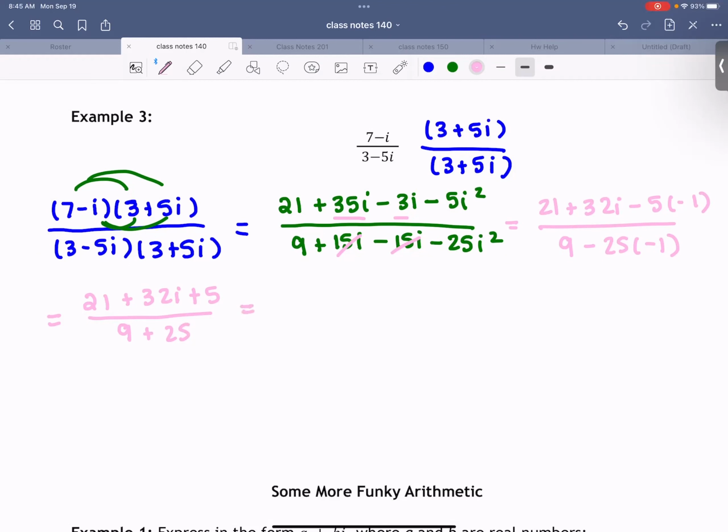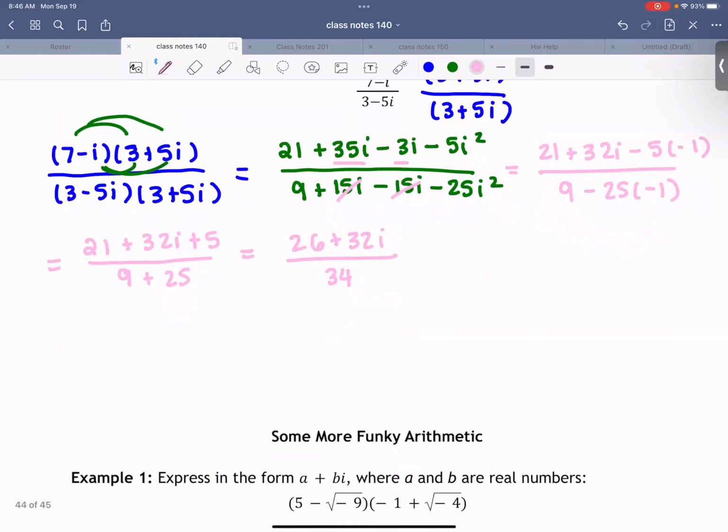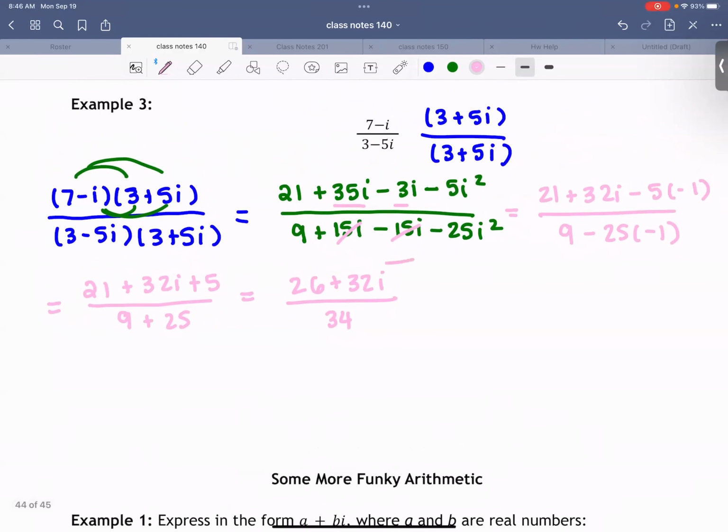Looks like 21 plus 5 is 26, right? 32i on top, and 9 plus 25 is 34. Good. Okay, thanks. I'm very bad at mental math, but we got there. We can leave our answer like this. If you want to break up the fraction, that's totally okay, but I am fine with that answer.